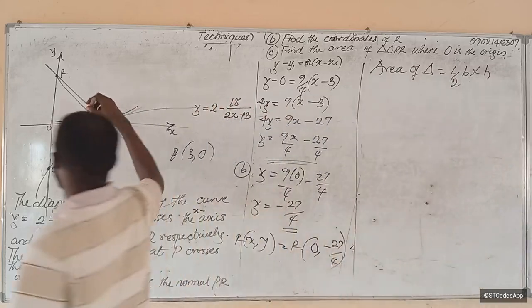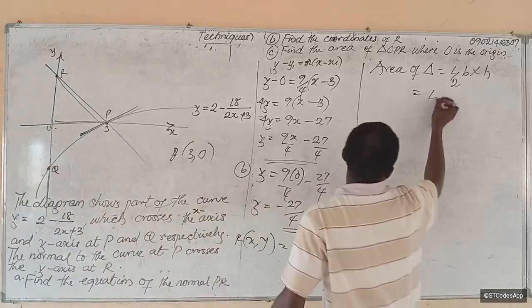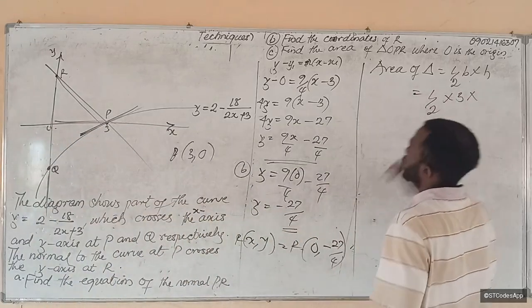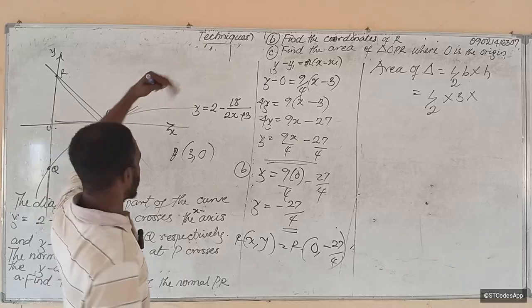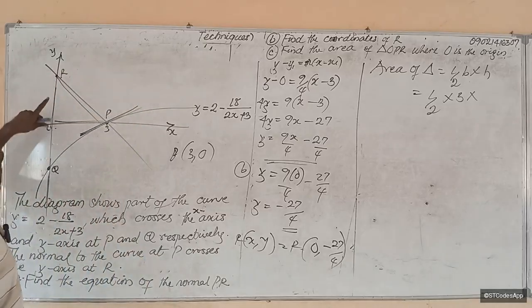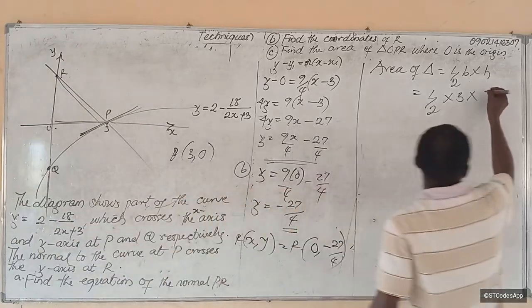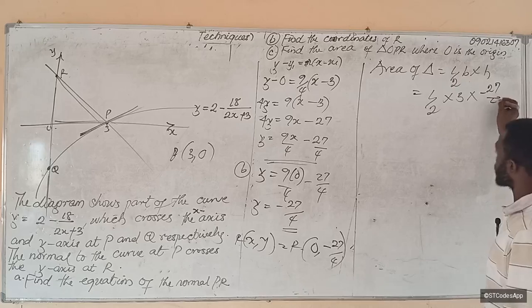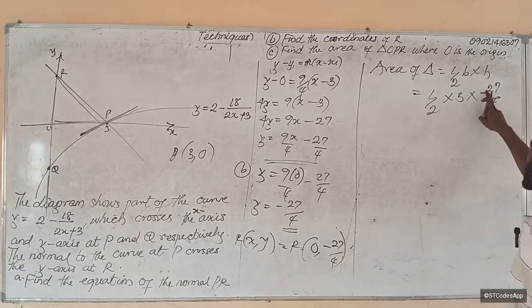Our base is from here to here, which is 3. So that becomes 1 over 2 times 3 times the height from here to here. What's our height? That's our y value, times negative 27 over 4. Well, the negative doesn't really do anything, so we can just remove it.